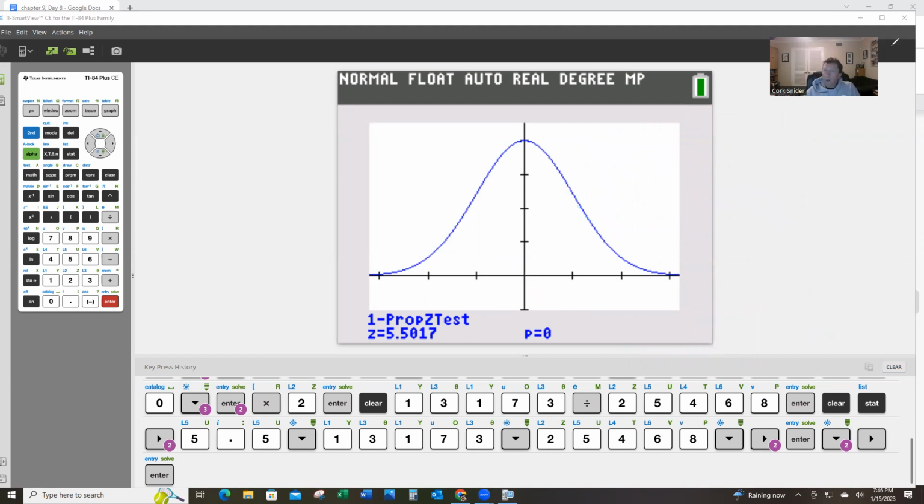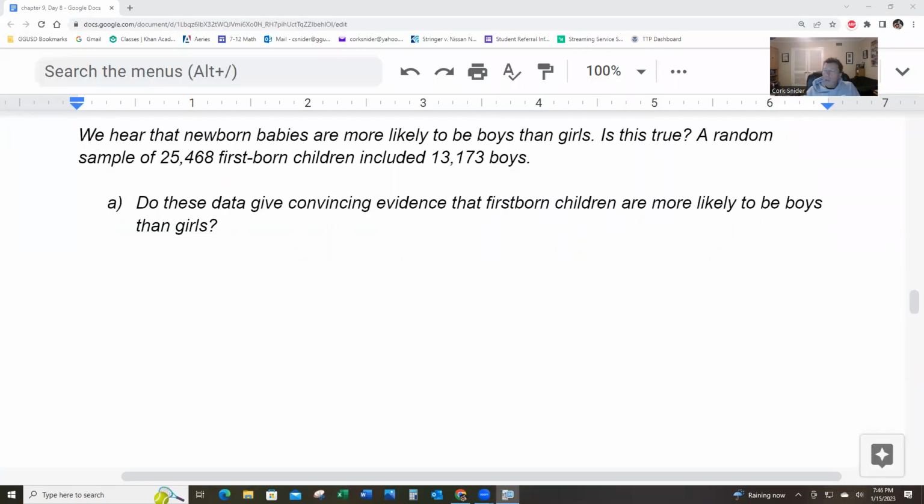Now, the last part is the conclusion. The p-value was 0. And there's a lot of ways to write the conclusion, but let me go ahead and just write it kind of formally. I'll make it a little longer. You've seen different ways of doing this, and you should know how to do it, but I'm going to write the word conclusion. Okay. Now, this question does not have an alpha level, 0.01 or 0.05.